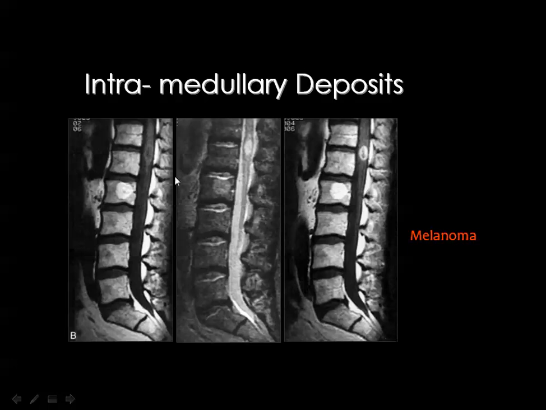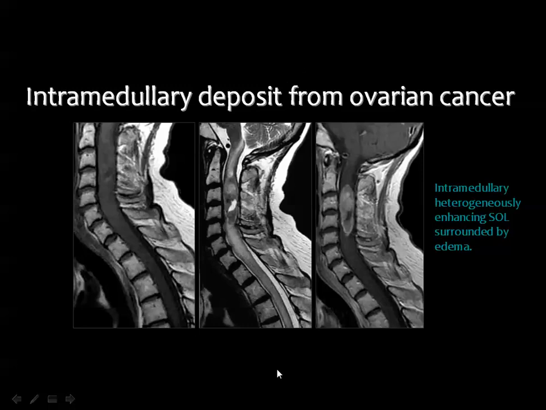This lesion in the conus is of intermediate signal in the T1, high signal in the T2, heterogeneous post-contrast enhancement. And you see that this is not a hemangioma because the appearance of the lesion in the T2 weighted image is not bright. You remember that hemangioma will be so bright in the T2 weighted image to approach the signal of the CSF.